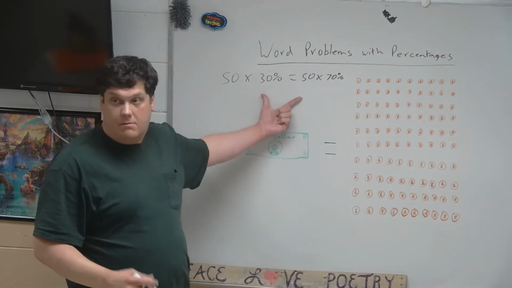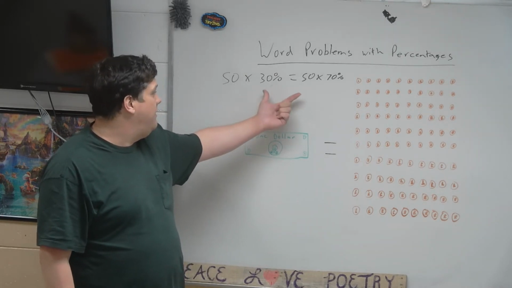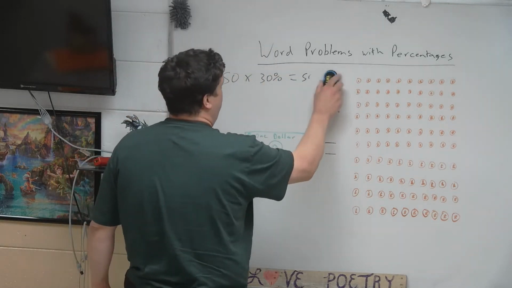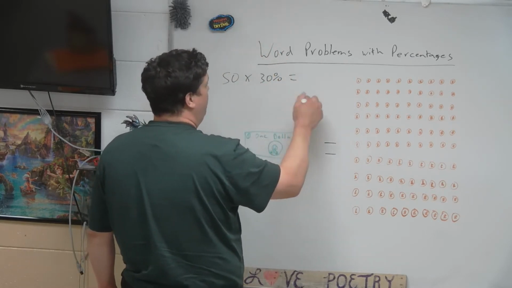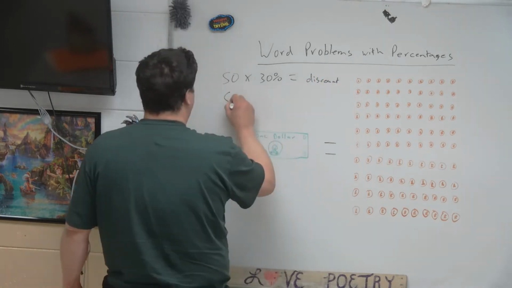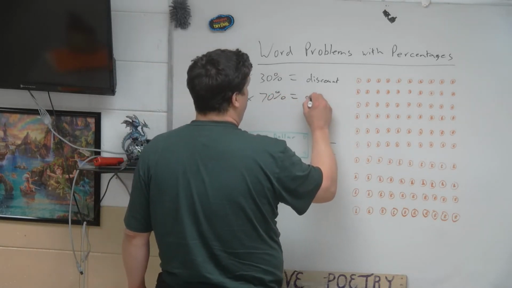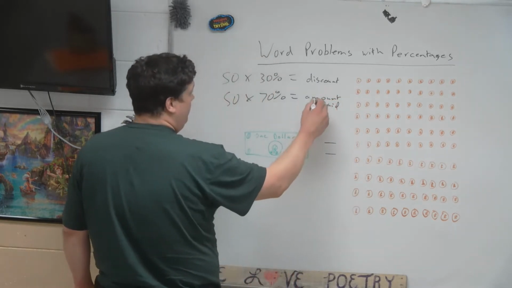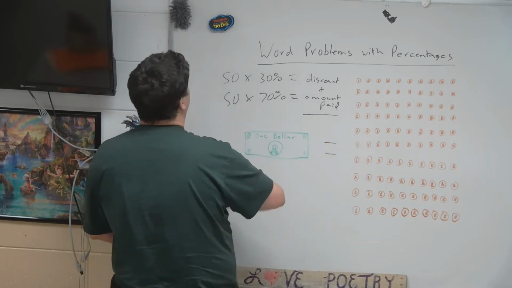I'm confusing myself. $50 times 30% would give you the amount of your discount. $50 times 70% would give you the amount that you're actually paying. And when you add those together, you'd get 50.